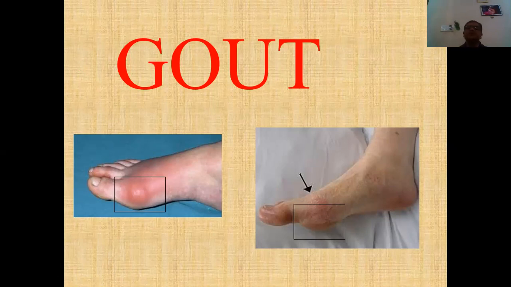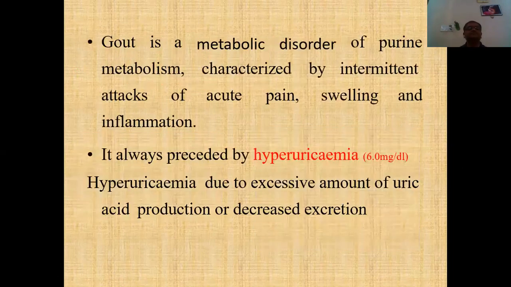This is because of gout, because excess uric acid secretion occurs, and this uric acid is deposited in our body because of improper purine metabolism. If we take an excess quantity of tea or coffee or some food materials, it leads to the deposition as well as the formation of uric acid, and that is responsible for causing gout.